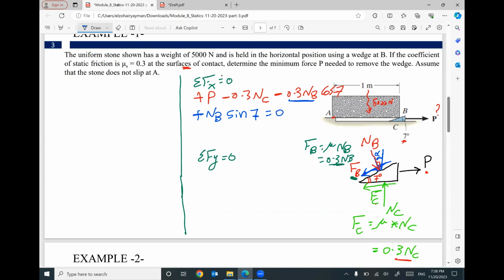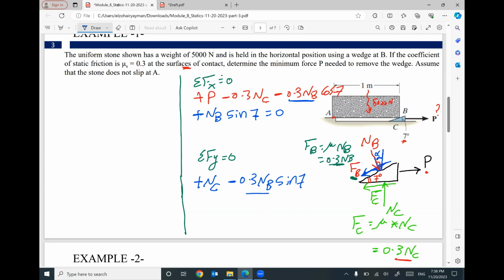Second equation. Summation F of y equals 0. We have positive NC. And we have the y component for FB, which will be negative FB, which is 0.3 NB sine 7.